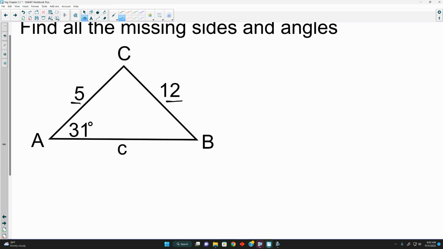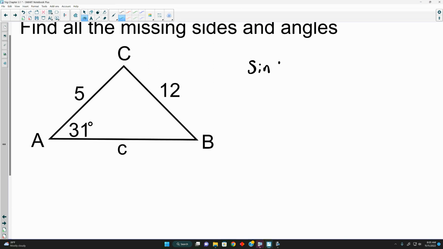And to really start this off, we need to find one of the two angles. The angle that we find first is always going to be the one opposite the other side length we were given. So here, we're going to need to find angle B first.